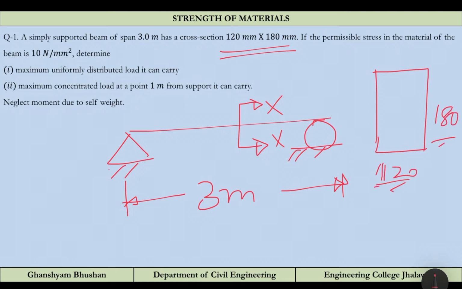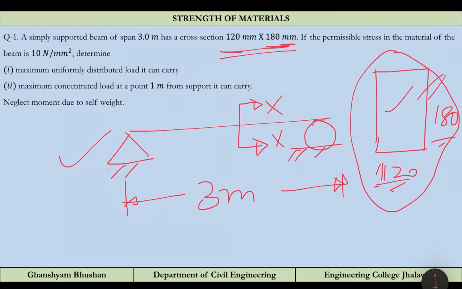Previously also I have told you, the larger dimension will be your depth and the smaller dimension will be your width. So this is our section, and we have to calculate all the parameters for this section. The beam is given to us just to calculate the bending moment value, so that this maximum bending moment will be equated to the bending moment capacity of this section, and by equating those two values the loads can be determined.